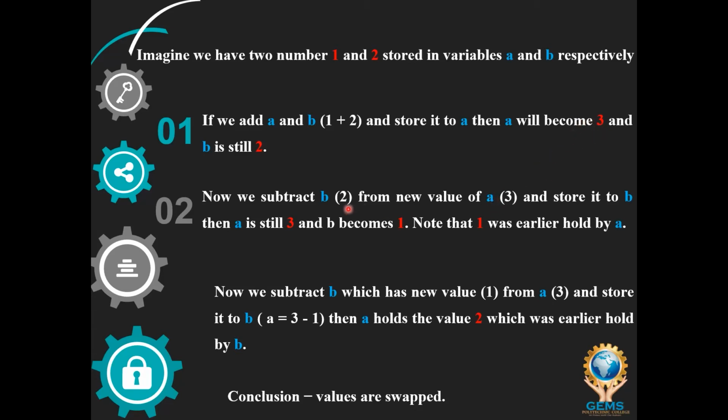So B is going to be subtracted from the new value of A. That means 3 minus 2. 3 में से हम लोग 2 को घटाएंगे. क्यों? क्योंकि हमारा B का वैल्यू 2 है और A का वैल्यू जो नया वैल्यू बना वो 3 है. सो 3 में से हम लोग 2 को घटाएंगे, and that is stored in B. Then A will still be 3 and B becomes 1.